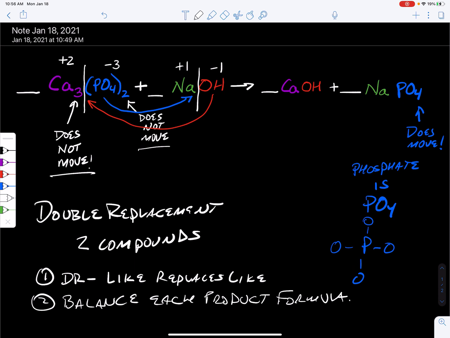So my calcium, which was +2, my hydroxide, which was -1, that means I have to have Ca(OH)2. My sodium with my phosphate, my sodium is still +1, my phosphate is -3, so that gives me Na3PO4.